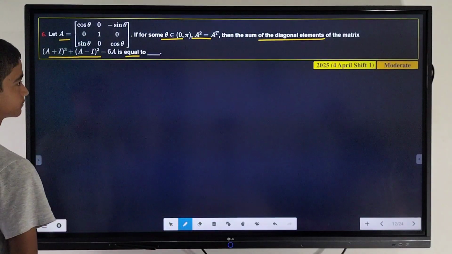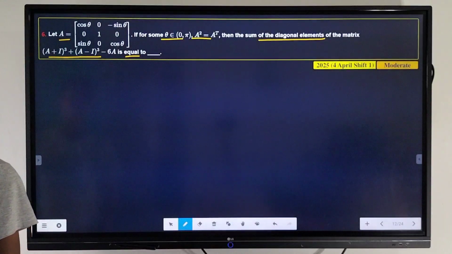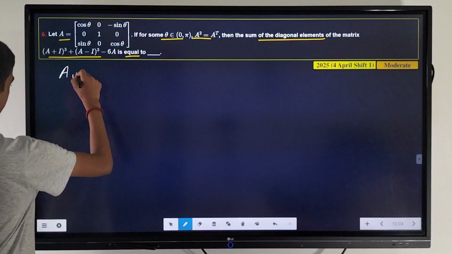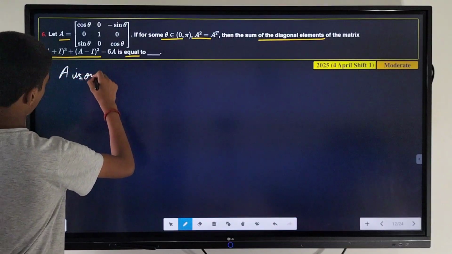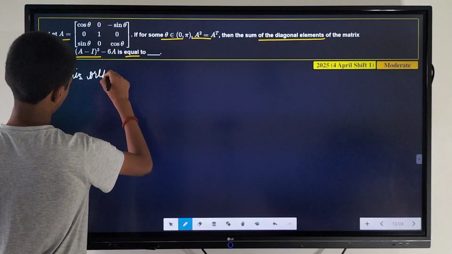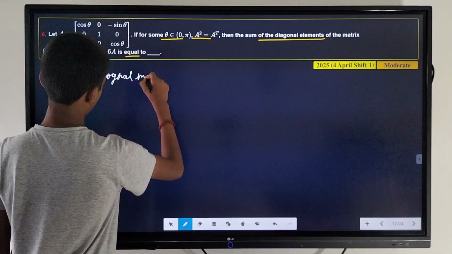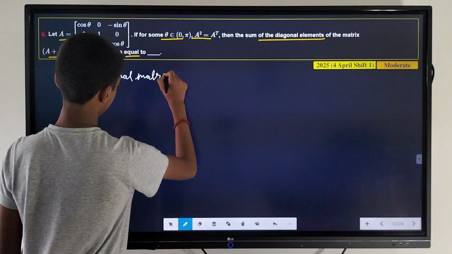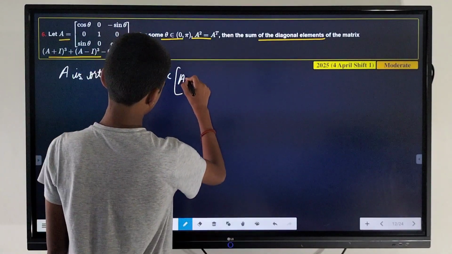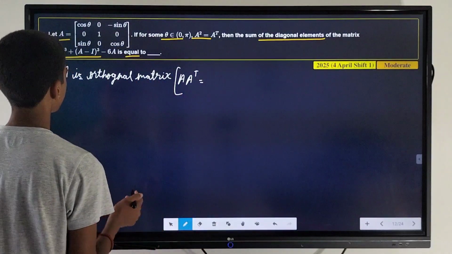So first, here in this question, we will check if A is an orthogonal matrix. To check it, our A into A transpose should be equal to identity matrix.